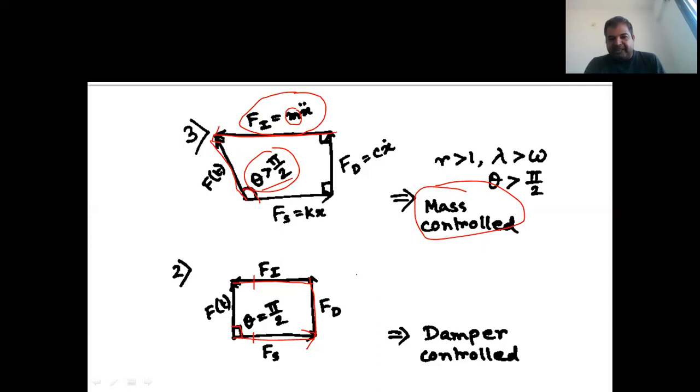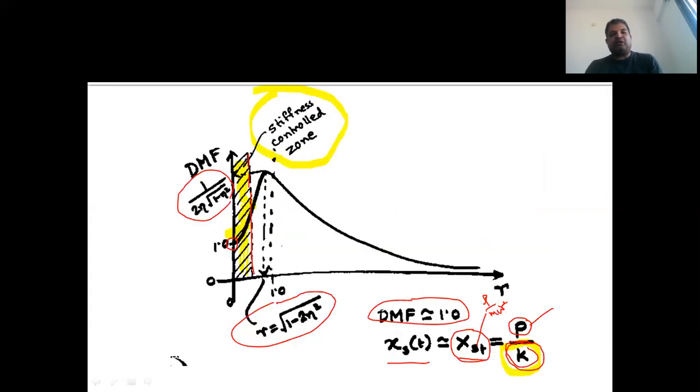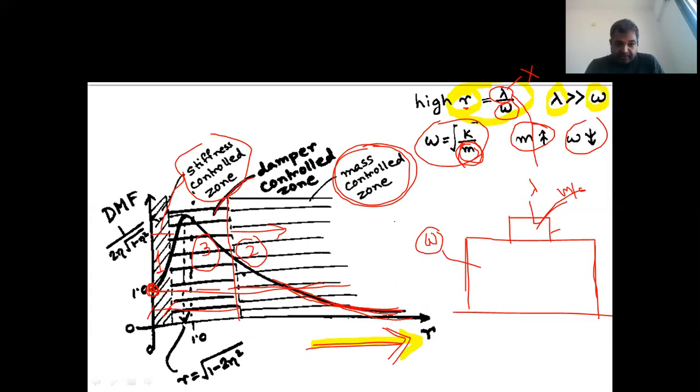But I can play with this Fd term. If I increase or decrease the value of Fd, this pi by 2 still does not change. So Fd is nothing but my damping force. So this central zone is my damping control zone. This is what we have explained. This is my third zone, which is my damper control zone.